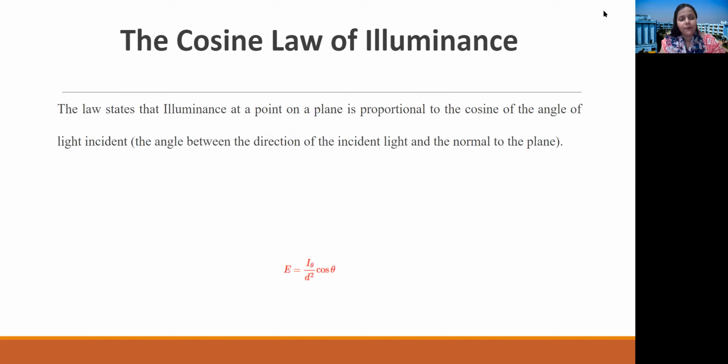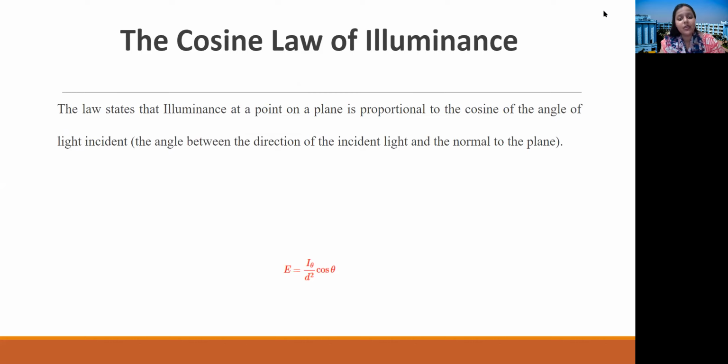Next, the cosine law. This law states that illumination at a point on a plane is proportional to the cosine of the angle of light incidence. What is the angle? The angle between the direction of the incident line and the normal to the plane.